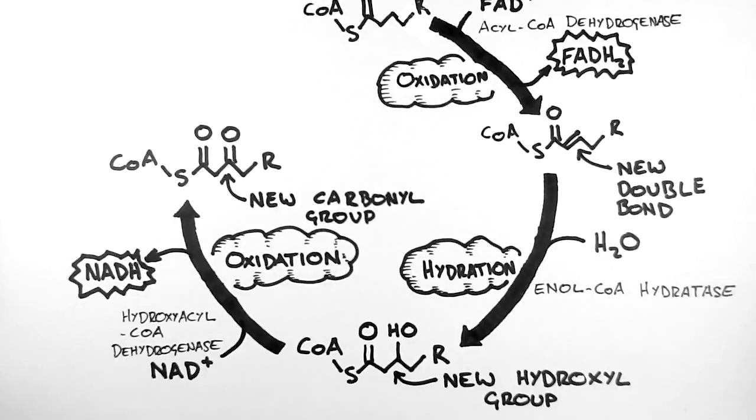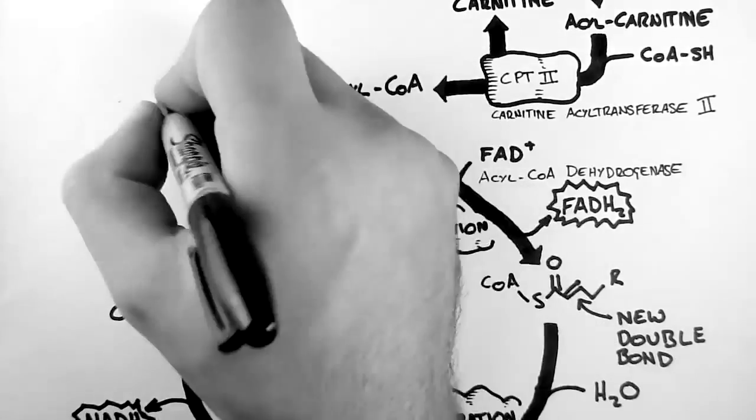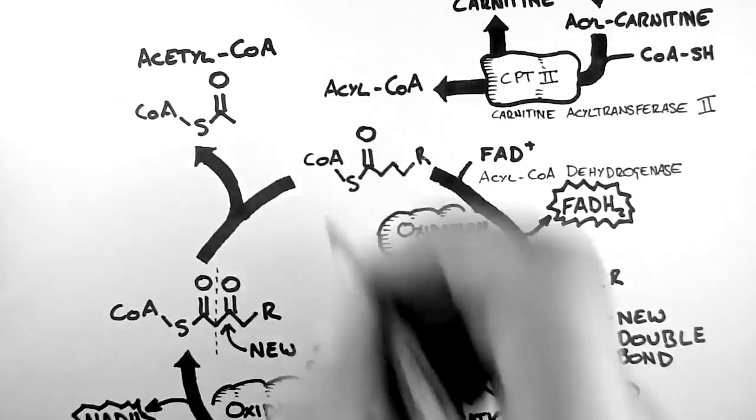The next step is thiolysis, which cuts off the molecule through here. If you're paying close attention, you may notice that everything to the left of this dashed line looks like an acetyl-CoA molecule. And cutting it loose indeed gives us a brand new acetyl-CoA molecule.